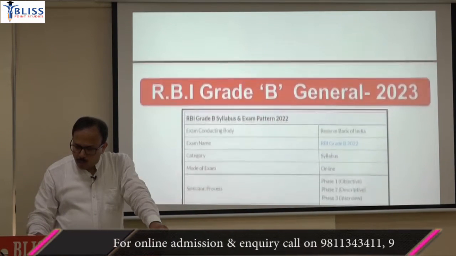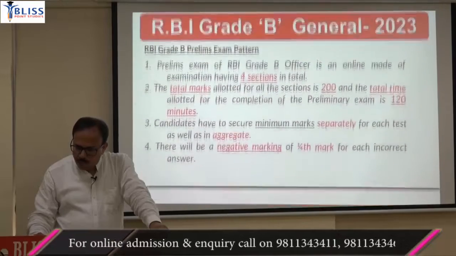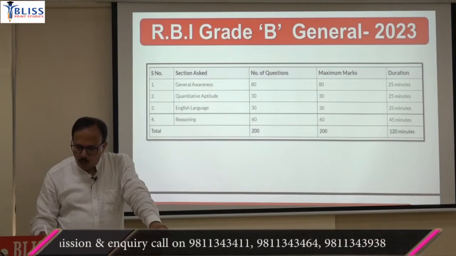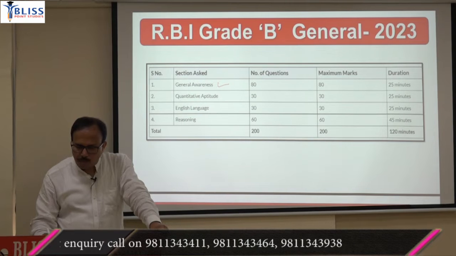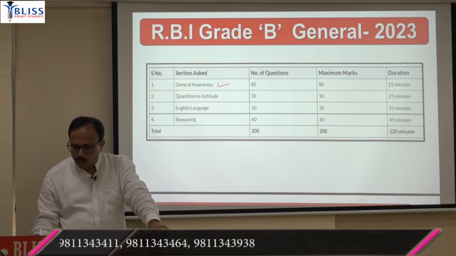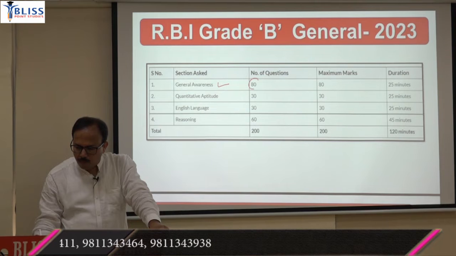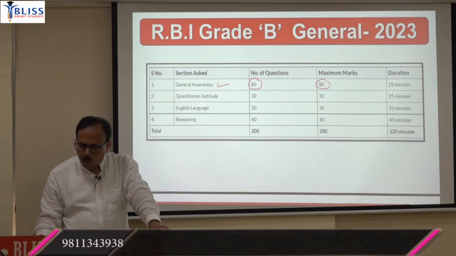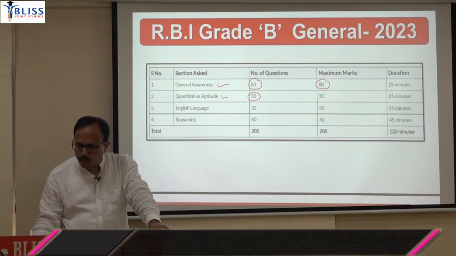So the phase 1 exam basically consists of 4 different sections. One is general awareness, with 80 marks. Quantitative aptitude, 30 questions, 30 marks.